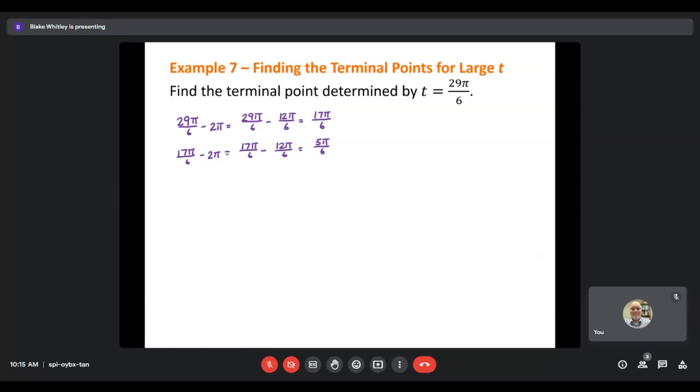Now, 5 pi over 6 is less than 12 pi over 6, so now we're within a full revolution, so we should be good to go. So now we can sketch this out. Okay, 5 pi over 6 is a little bit less than 6 pi over 6, so that's going to be less than pi. It is positive, so we're going counterclockwise. And so we're going to end up right over here now.